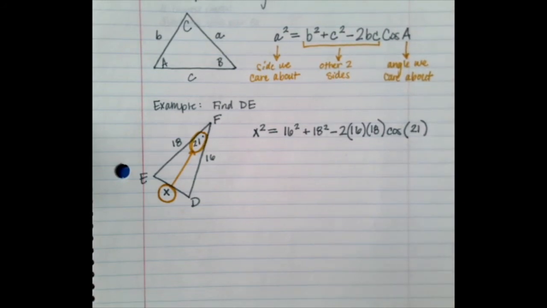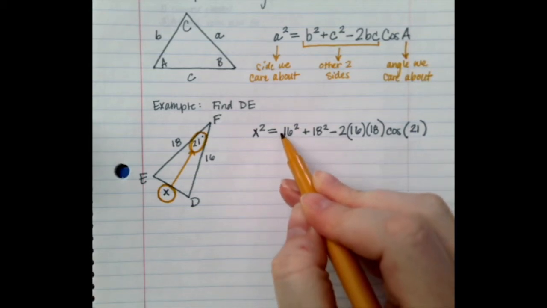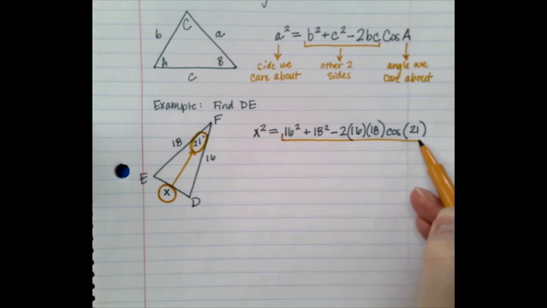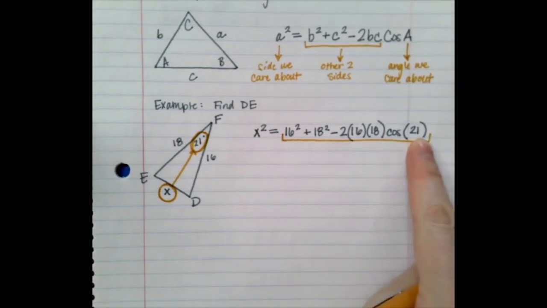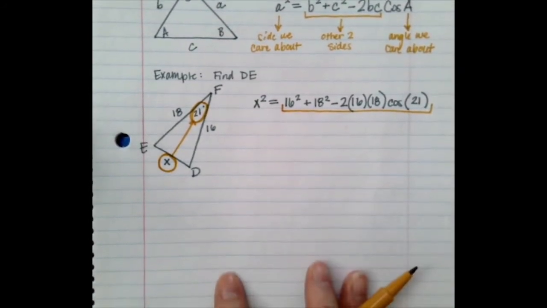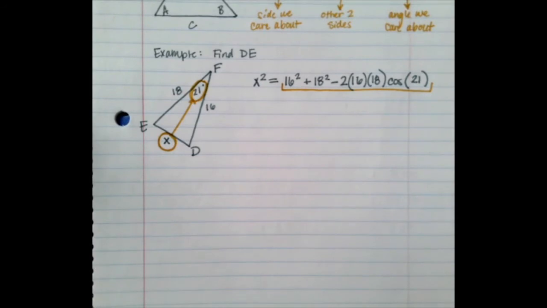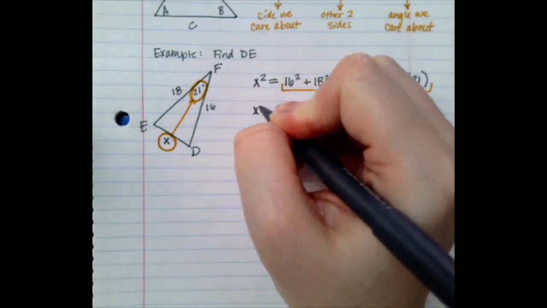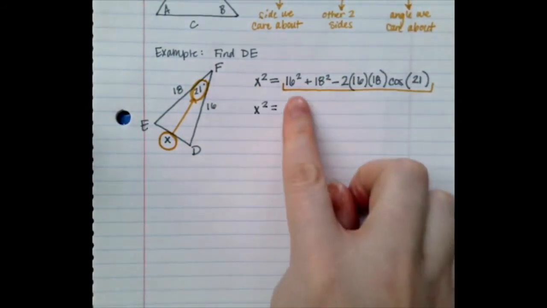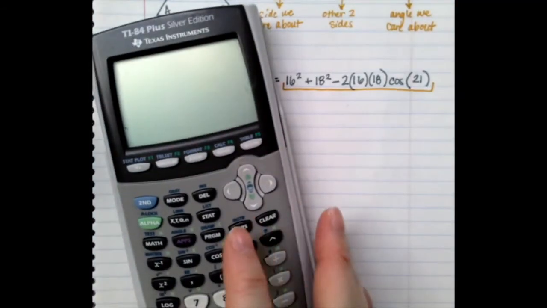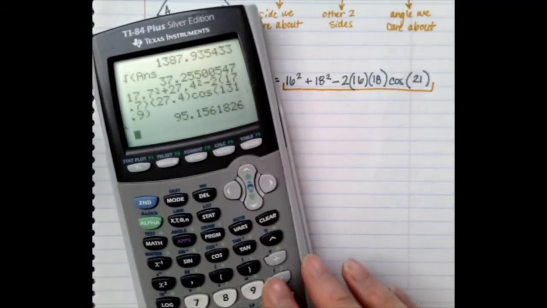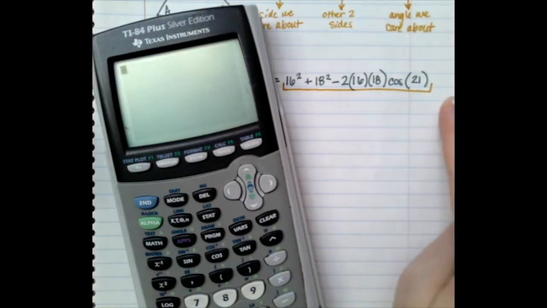And the really nice thing about solving for sides is that this whole complicated mess can all get typed into the calculator, which makes our job very easy. So over here we still have x squared, and then I can type this exactly as it's written, either in a calculator or in the Google calculator works just as well.